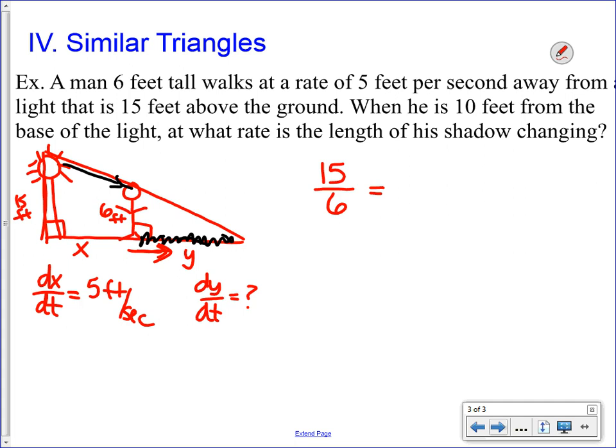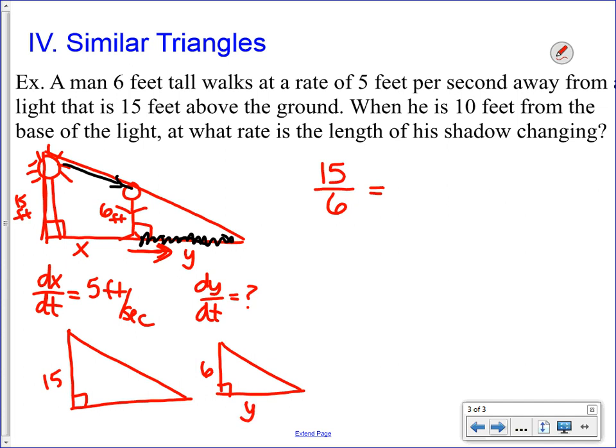now, we're comparing 2 triangles here, okay? We have a bigger triangle where this height is 15, and then we have the smaller triangle where this height is 6. Sometimes it's a little bit easier if you separate the two right triangles. This distance would be y that we labeled.